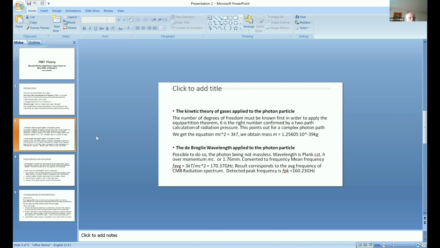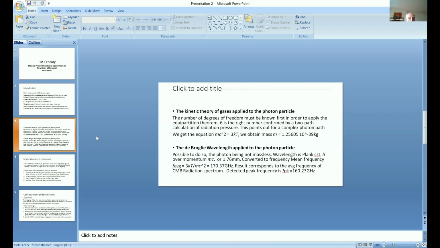He said that all massive particles in an ideal gas in thermal equilibrium at a specific temperature have an associated wave with a wavelength called lambda. Lambda equals h over p. h is the Planck constant and p is the momentum, or mc in this case. So you can see there is m here. All conditions are met for a photon gas. It can be applied to massive photons.